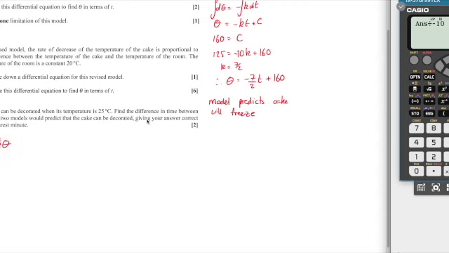d theta by dt, so the rate of decrease is minus k, that's proportional, the difference between the temperature of the cake, theta, minus theta naught. Theta naught I can actually put in as 20.